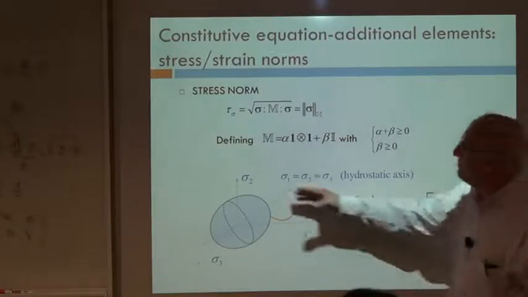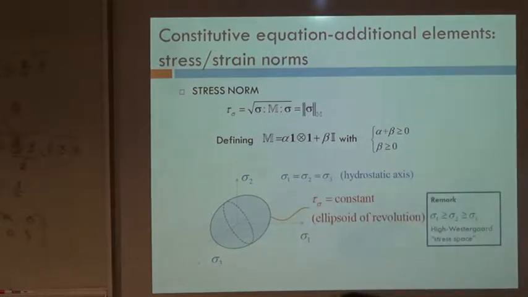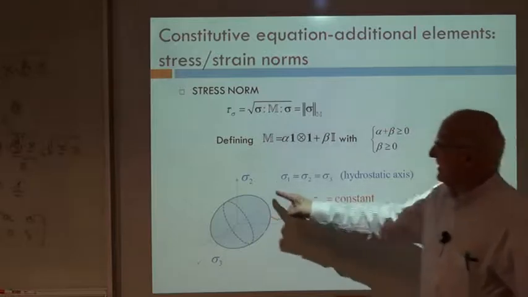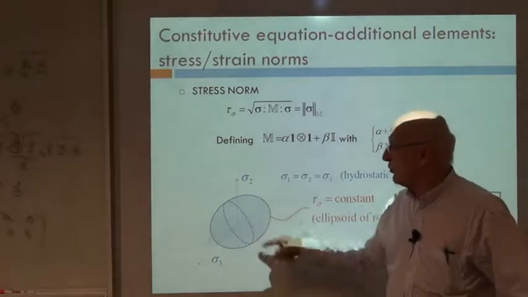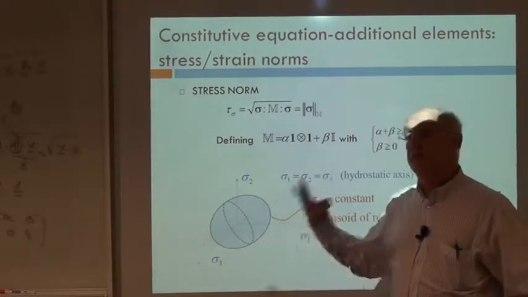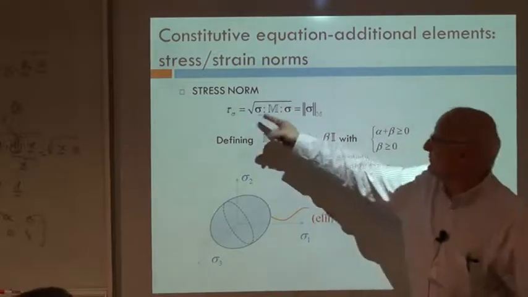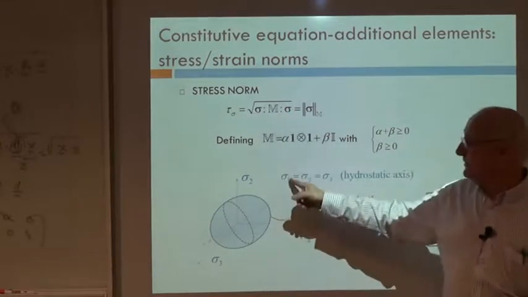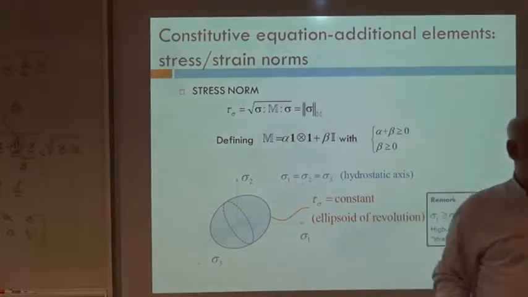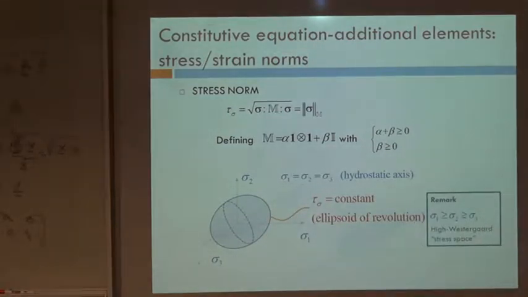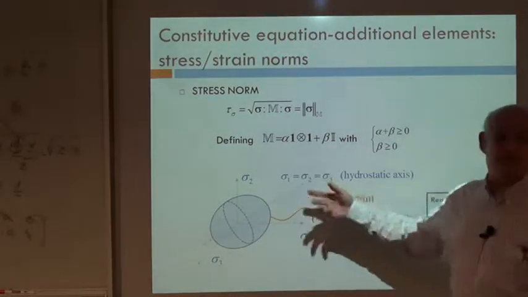So, this is what is called the stress space, the Haigh-Westergaard stress space, in which the coordinates of every point define the three principal stresses, or the stress state of which the point is representative. By the way, this could be done also on the strains.